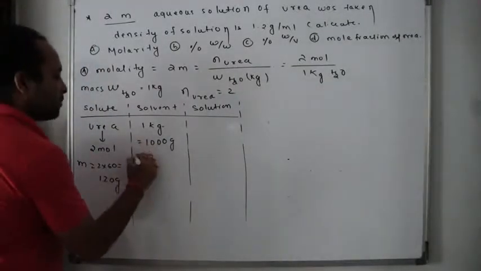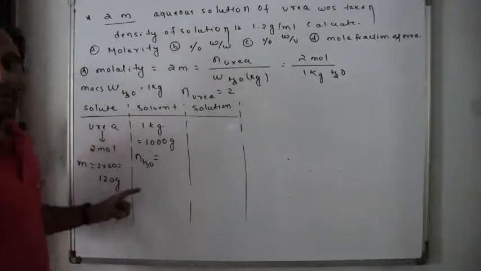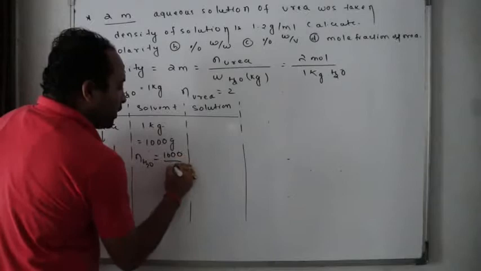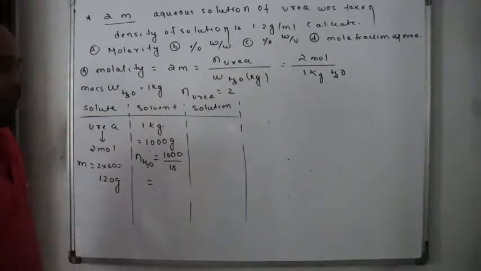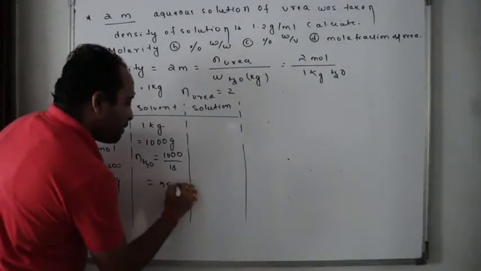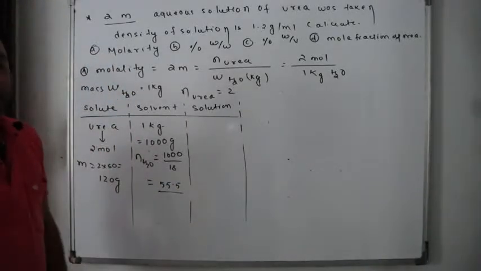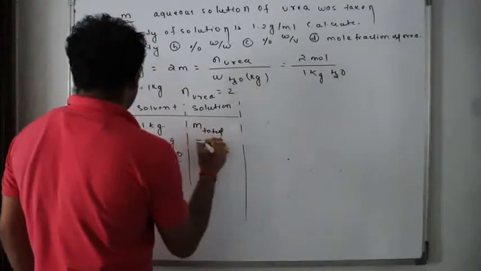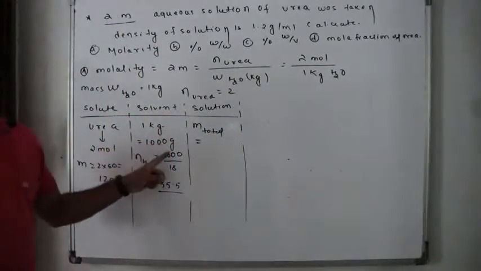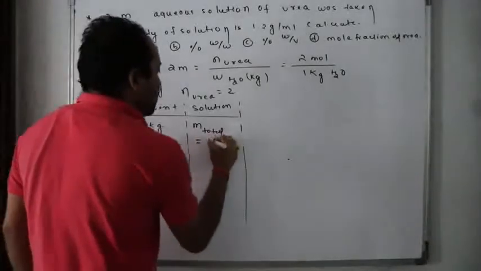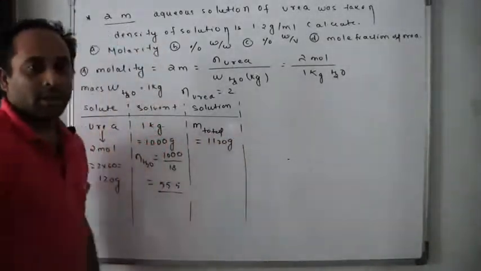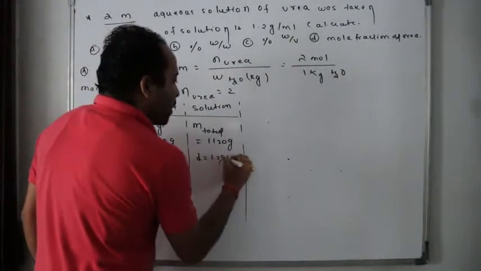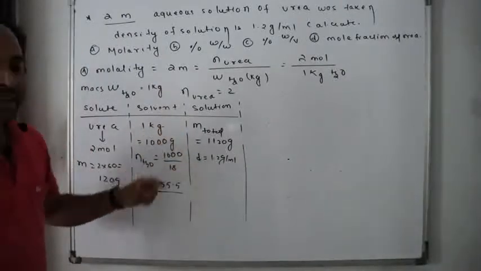So number of moles of water: how to find it? Number of moles of water is 1000 by 18, which is 55.5. Clear? Now the solution. Mass of total solution: this mass is 120, this is 1000, so it is 1120 grams. Now density is given as 1.2 gram per ml. I can find the volume.